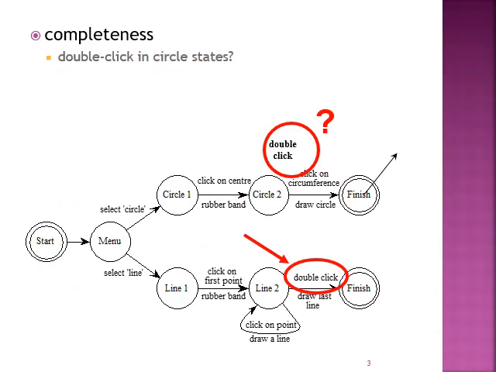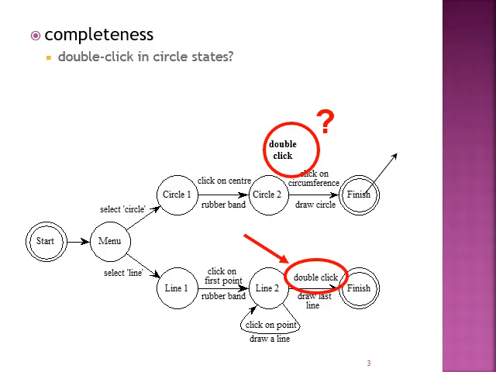The completeness property ensures that a user is never stuck in a state without any possibility of return to any other state. As we can see in the figure, for any state only one or two actions are there.